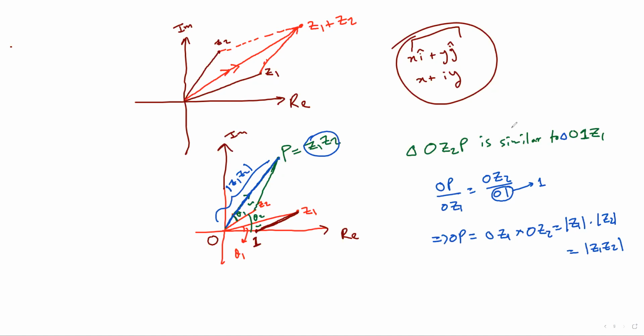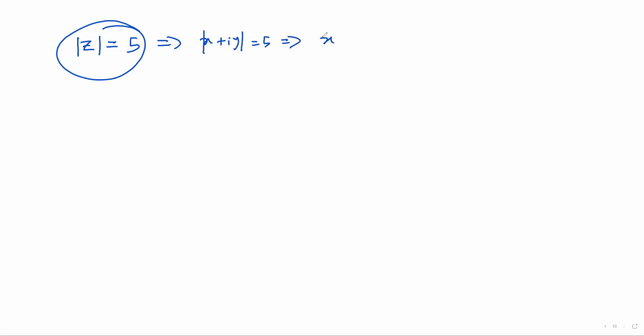Now let's analyze some geometric objects represented by complex equations. For example, let's start with an easy one: modulus of Z equals 5. What does this represent in the complex plane? If Z is X plus iY, this means the square root of X square plus Y square is 5, which would mean X square plus Y square equals 5 square.